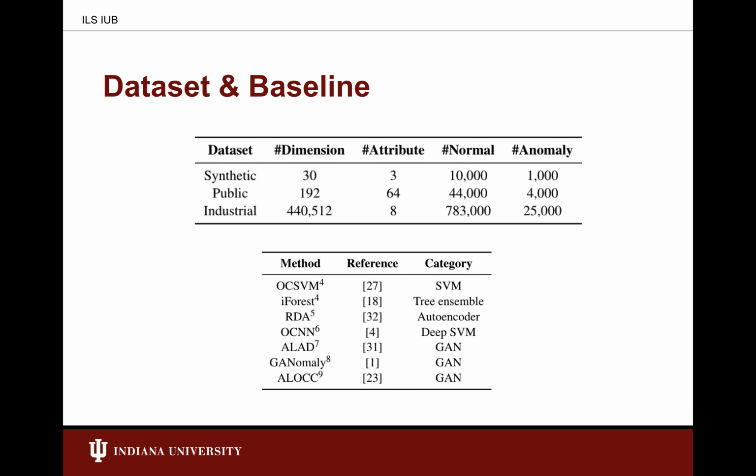Here is the dataset and the baseline we use in this paper. For the dataset, we consider three different ones from the synthetic view, the public view, and the industrial view. The industrial dataset is constructed from the real dataset from the user log system, and we consider 7 different baseline approaches, including the GAN-based, SVM-based, or autoencoder-based.